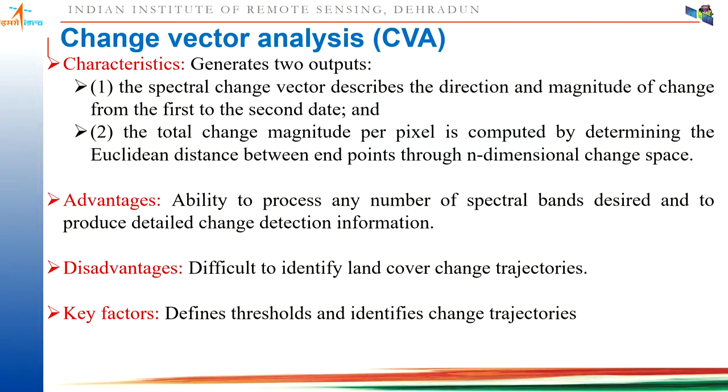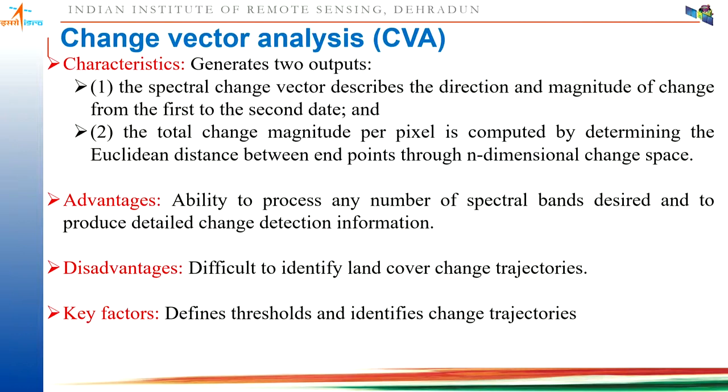One is the magnitude of change, that means how much change has happened from one category to another, from one date to another date. The total change magnitude per pixel is computed by determining the Euclidean distance between endpoints. So these two are calculated.